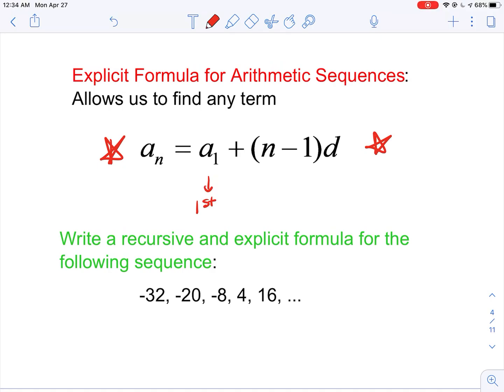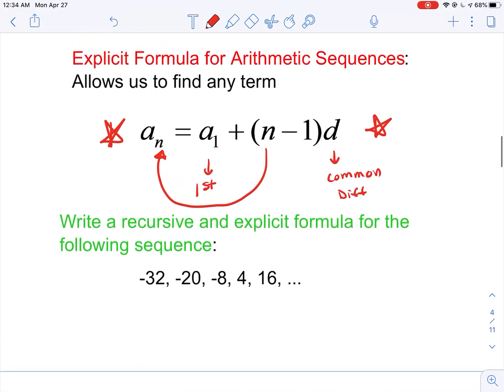A1 is my first term, just like it was. Okay, so we're still kind of using that idea. D is still my common difference. And n is still going to be the value of my term. So what place marker am I? Okay, so let's take a look at this example to see how this works out.